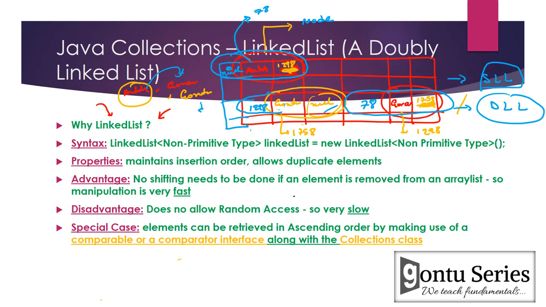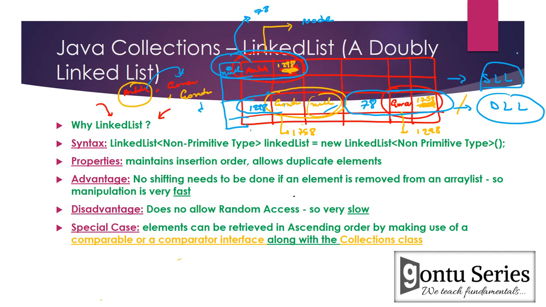And now if it is DLL, you have another advantage. You can go back also. From the last node, you would know what its previous element is, because here you can find out what the previous element is. It's stored at the 1298 position. So you'll go to that position and you will find, oh, Gaurav. And if you want to go back to the previous element of it, you would check the previous element address, 78, so you would come over here.